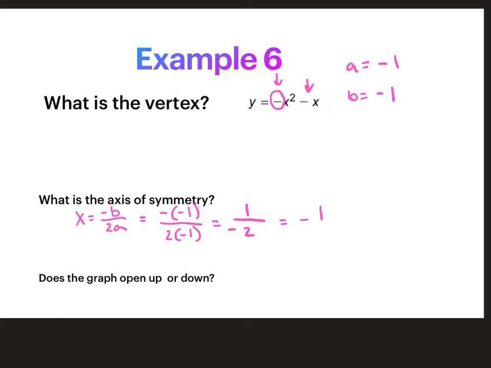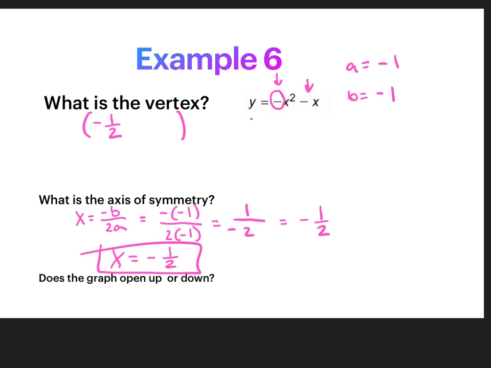So we get -1/2. So what's our axis of symmetry? X equals -1/2. So what's our first number in our vertex? -1/2.